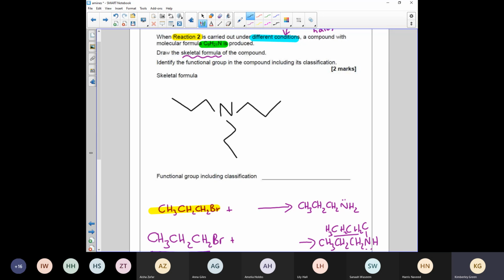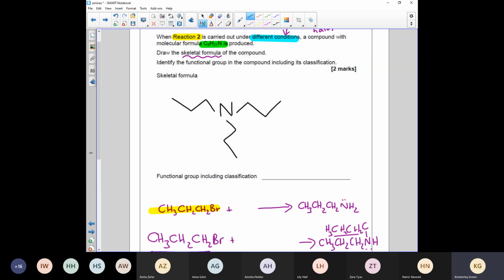Looks like some sort of lightning drawing. But funky. Right, so let's have a count. 1, 2, 3, 4, 5, 6, 7, 8, 9. I've got 9 carbons, I've got 1 nitrogen. If I wanted to count out all my hydrogens, I would have 21 hydrogens as well. And I've got it in a skeletal formula. So there you go. In order to do that, you have to have pretty much knowledge about what happens in further substitution.